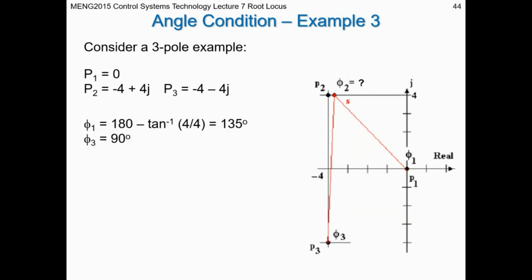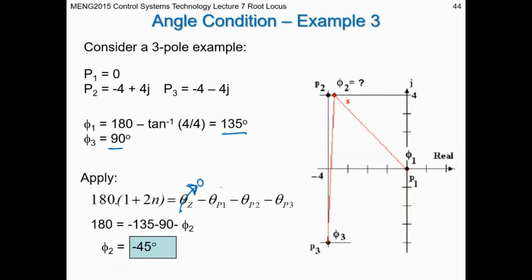So we've taken off the pole which was at -10 before. So now our phi 1 is going to be 135. It was the same value as it was before. Phi 3 is 90 degrees, same as it was before. And then if we apply our angle condition, there's no zero.